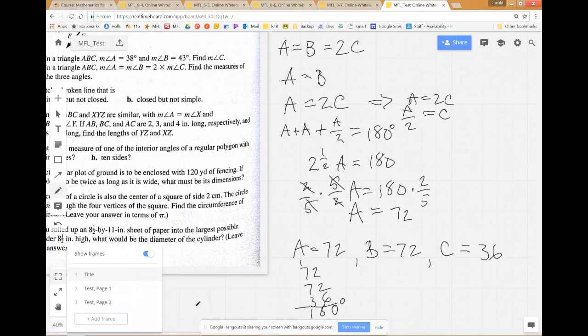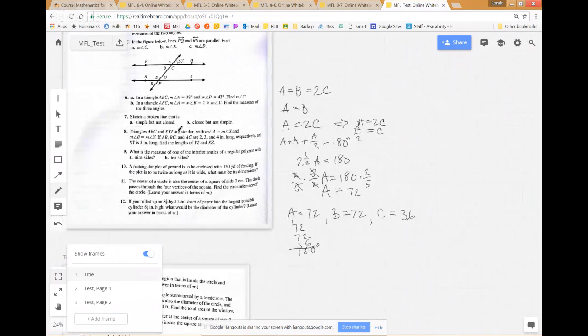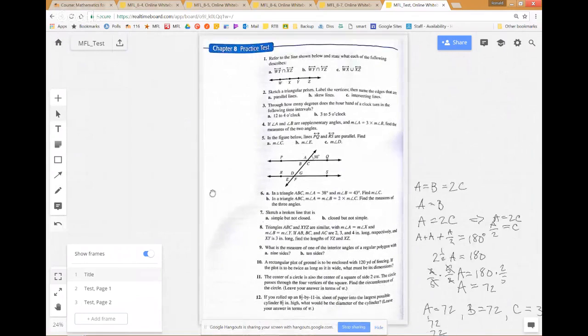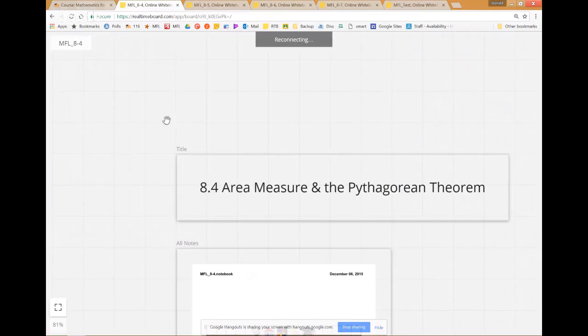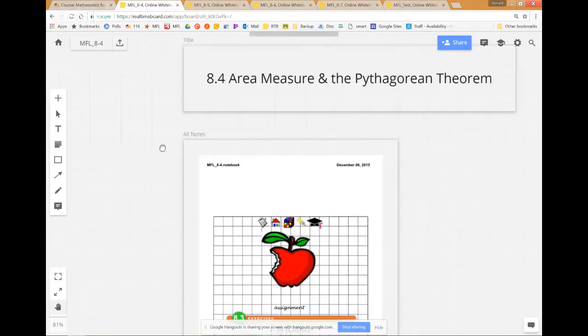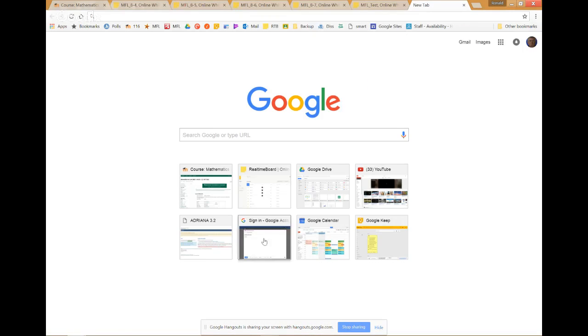Amy asked, can you look at 8.4, 17 or 19? Yes. Okay, so let's go back. Shove that back there. And let's go back to 8.4. Well, I might not have that in here. That would be an 8.3. So let me just quickly open that up. Real-time board.